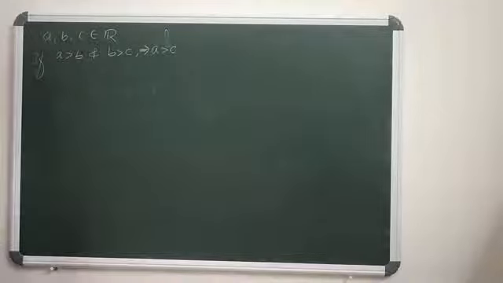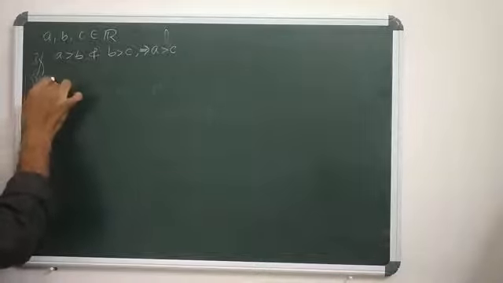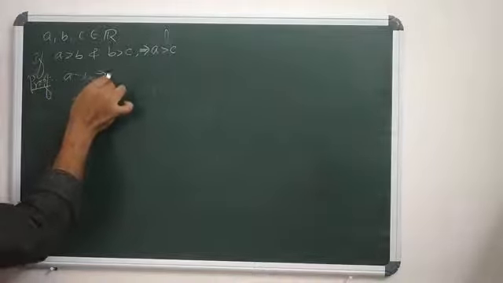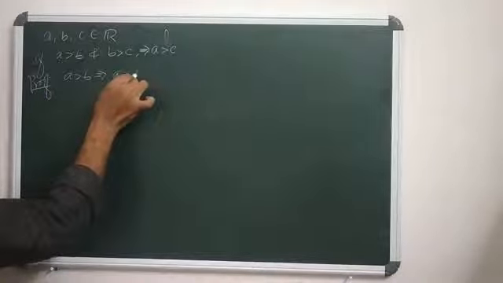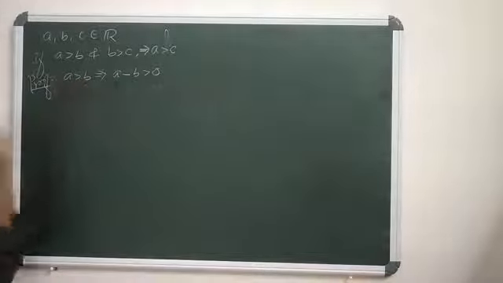But how to prove this one? A greater than B implies A minus B is positive. A and B are real numbers, so A minus B is also a real number, because the set of real numbers is closed with respect to subtraction.